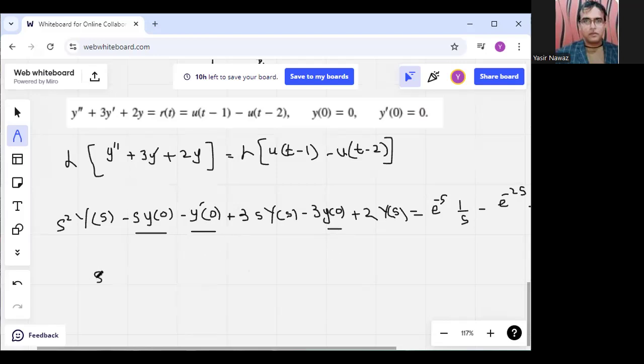The rest of the terms can be written as s squared Y of s, plus 3s Y of s, plus 2 Y of s, is equal to 1 over s times e to the power minus s minus e to the power minus 2s.